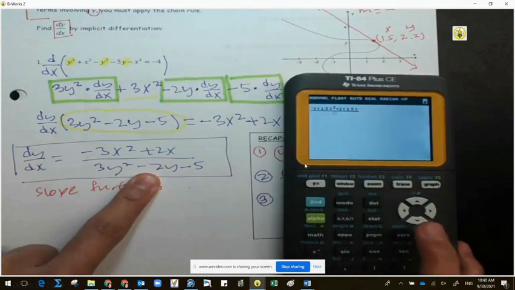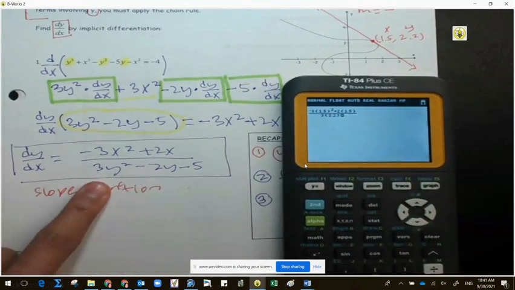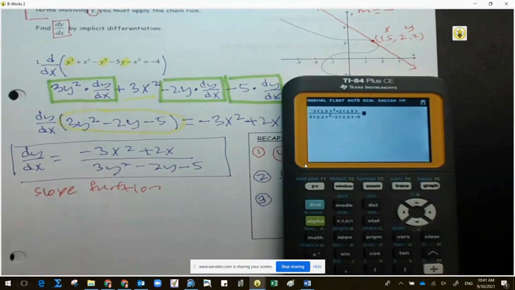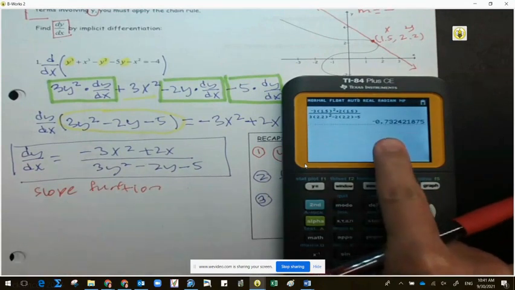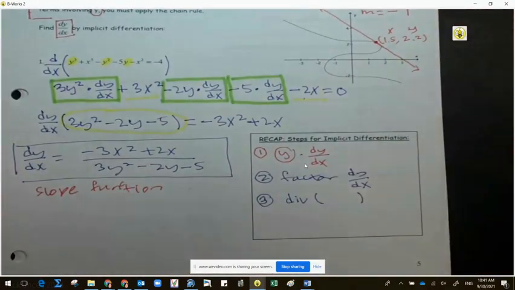Okay, did I mess up on the top? Okay, on the bottom, we have 3 times 2.2 squared minus 2 times 2.2 minus 5. Did I mess up on the bottom? All right, so our anticipation is a negative slope. Did I get a negative slope? Boom, just proved it to you. So even though at the beginning you were like, none of that makes sense, I think the proving is enough on this one. So let's go on to the next page.